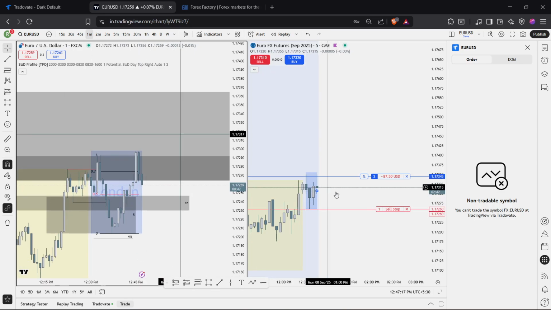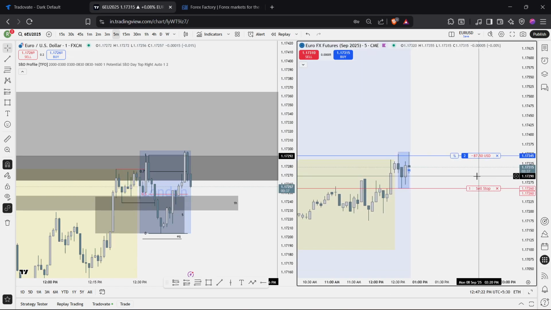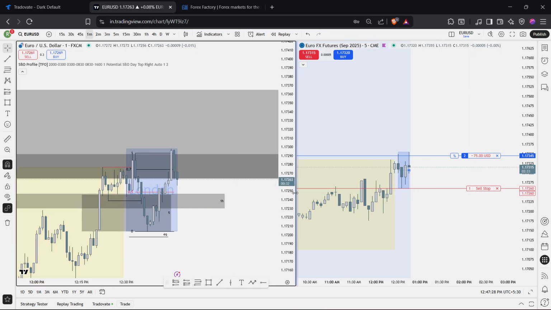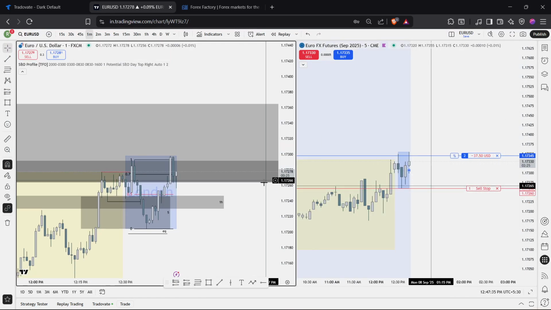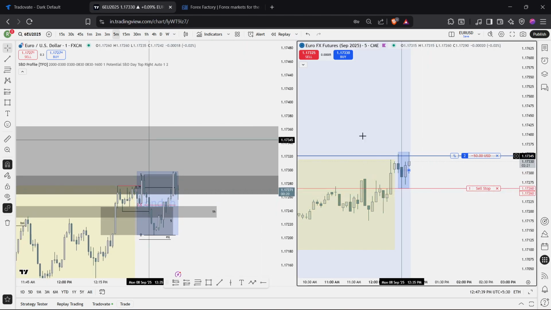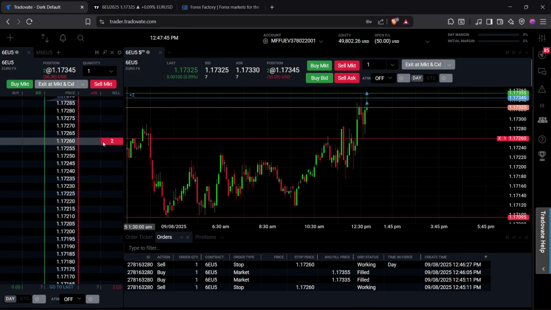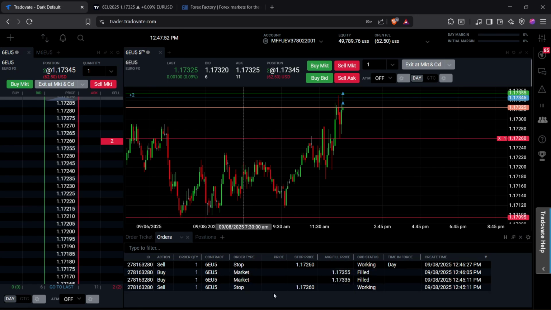That was the thing I think I missed. So what happened? It is showing one sell stop here, but I have put both of the sell stops here. Both positions, as you can see, both the sell stops are here.